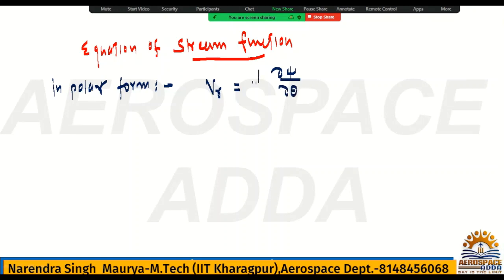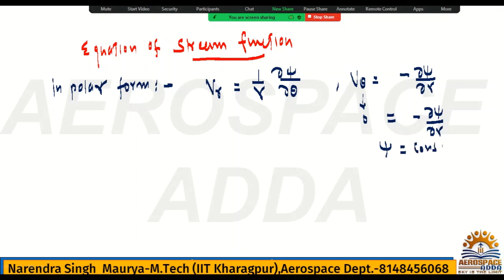So Vr was 1 upon r dou psi by dou theta. Obviously v theta will be minus dou psi by dou r. But as you know, v theta is 0, so there is no use of it; you can say psi is constant along the radial direction.